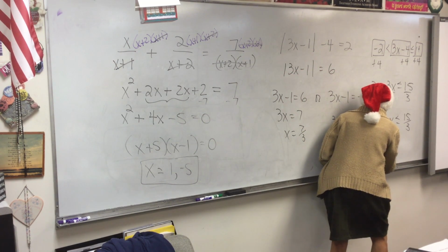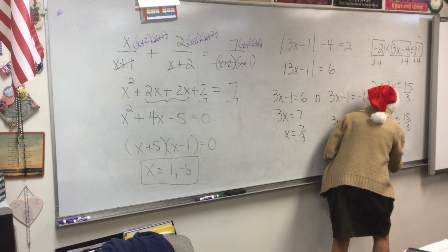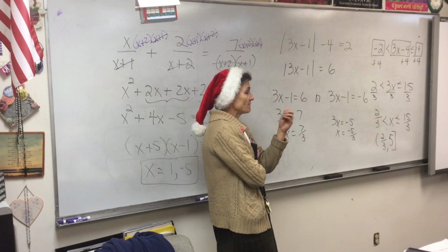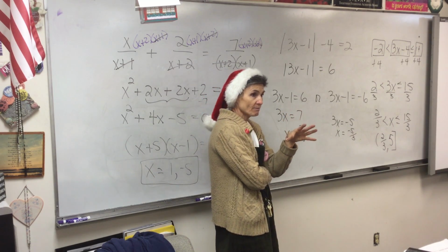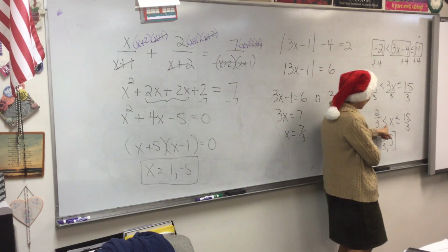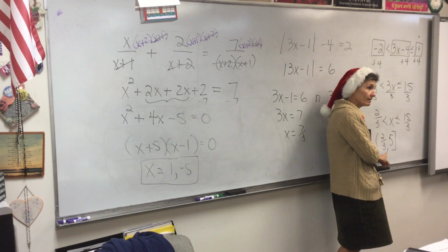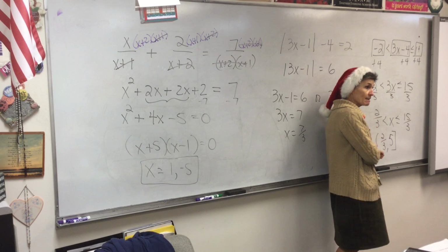It may be written like this. Does that make sense to you? First of all, 15/3 is 5. And in interval notation, the plain symbol is the parentheses and the or equal to is the bracket. So these are the same.